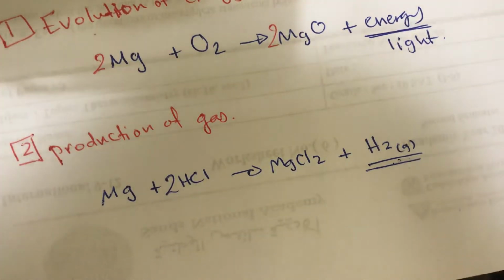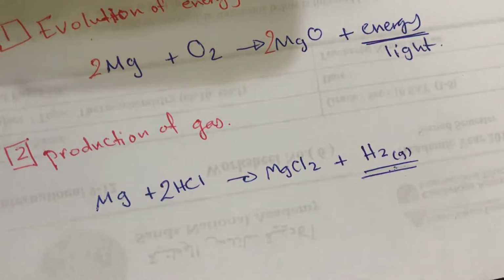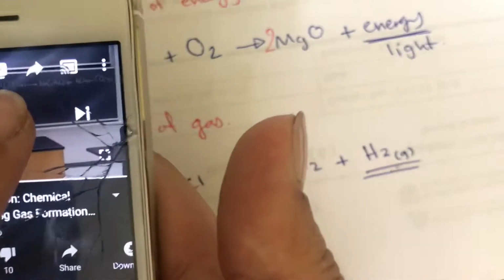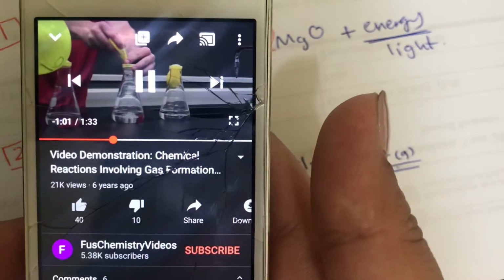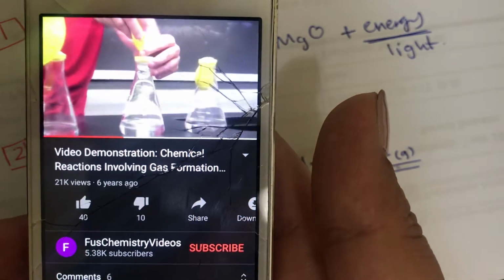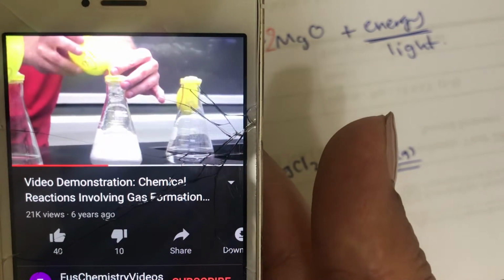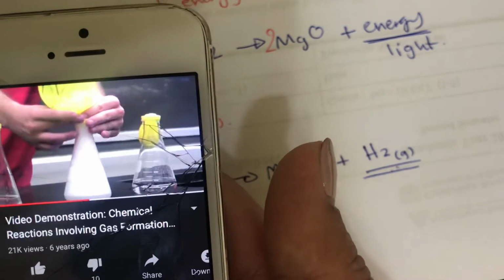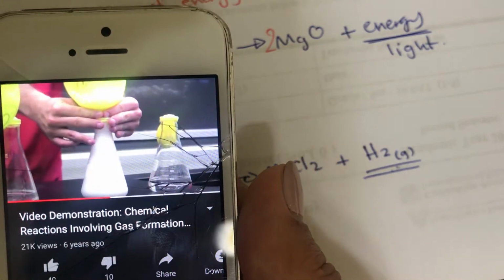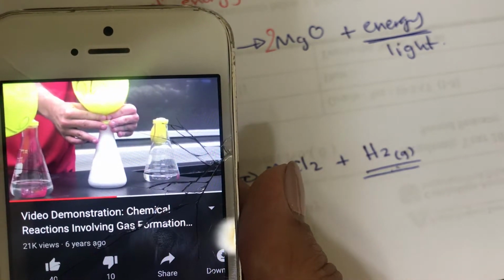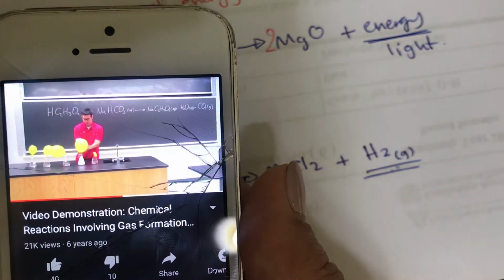So here you have a balloon. For example, sodium bicarbonate and acetic acid: they see what happens to the relative amount of gas produced, shown by the size of the balloon. Carbon dioxide is produced and fills the balloon.